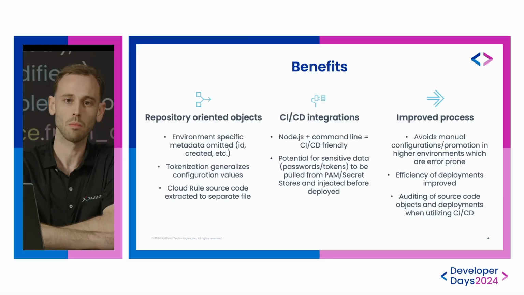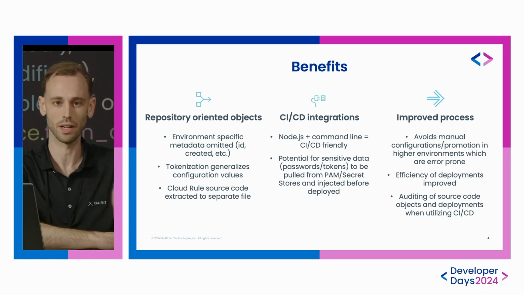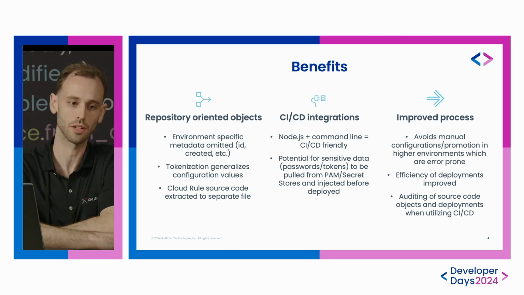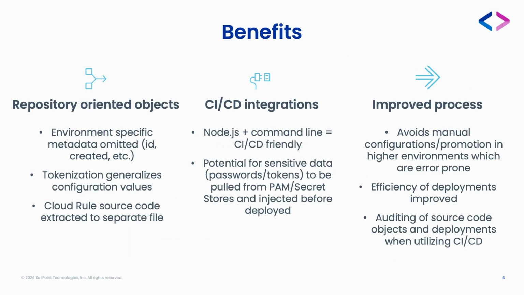Okay, so some of the benefits. One of the first real big ones, coming from IdentityIQ and going to Identity Security Cloud, one of the biggest issues that I ran into right away is having repository-oriented objects. All of our objects typically have some metadata that is environment specific, and we want to omit that metadata from these objects so that they're more repository oriented.